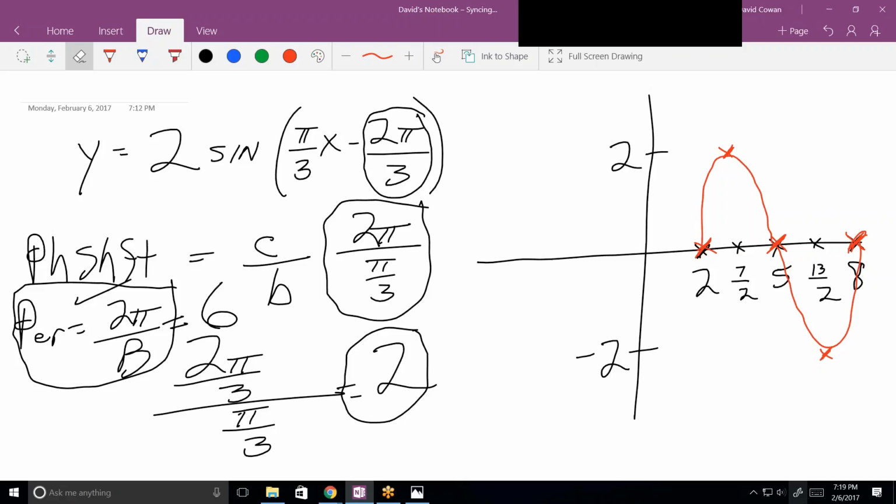One thing that's unusual about this particular problem is that the x-axis scales are integers. They're not pi's, and usually they are. Pi is just a number, so there's nothing that says we have to have a horizontal axis with pi over 2 and pi over 3 and stuff like that.